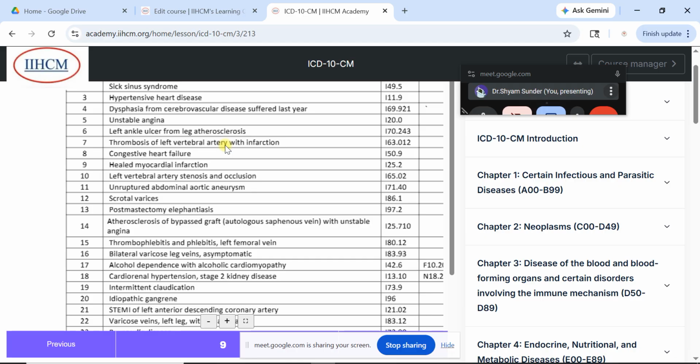You'll see the difference between I-70.243, I-70.343, I-70.443. The codes are classified like that. The best way is to go to the tabular list and examine the codes, the difference between 143, 243, 343, 443.